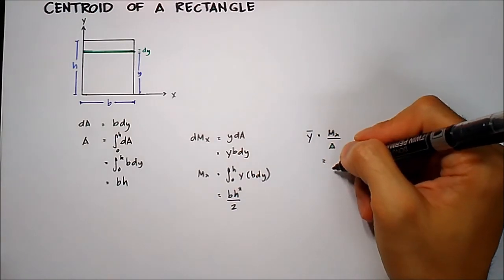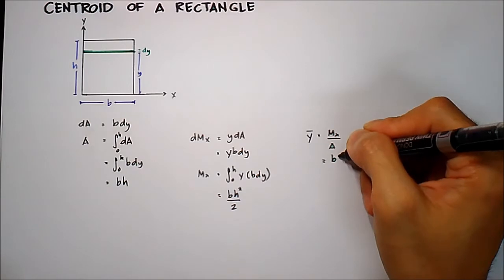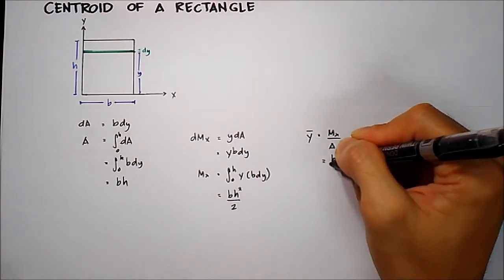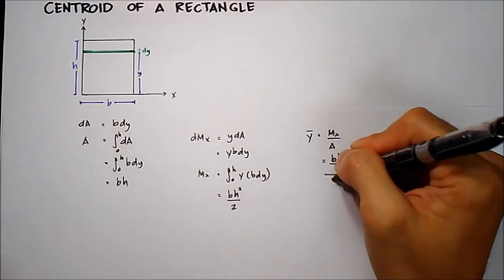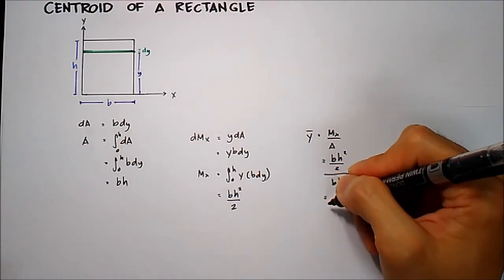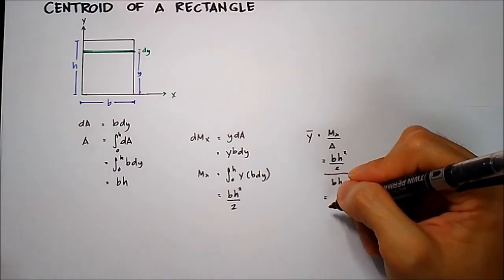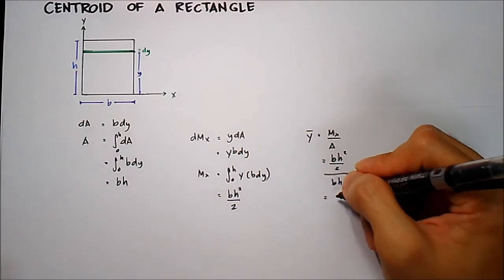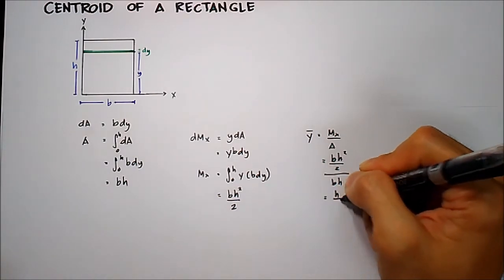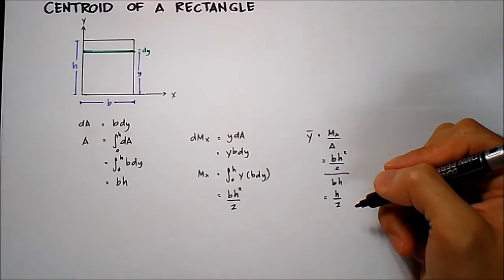By substituting the values, the centroid of the rectangle is h over 2 with respect to the x-axis.